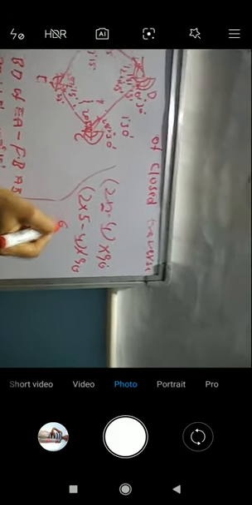So what is n? It is the number of sides. How many sides are there? 1, 2, 3, 4, 5. 5 sides. So 2n is 10, 10 minus 4 is 6, into 90. So this is 540. So the sum of all these angles must be equal to 540.